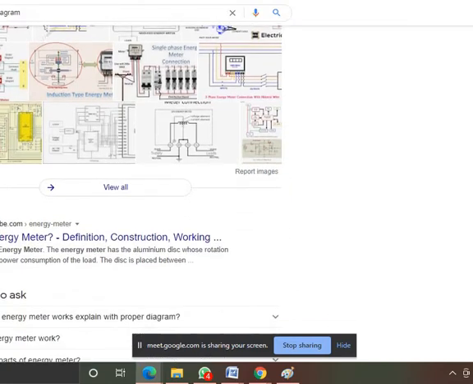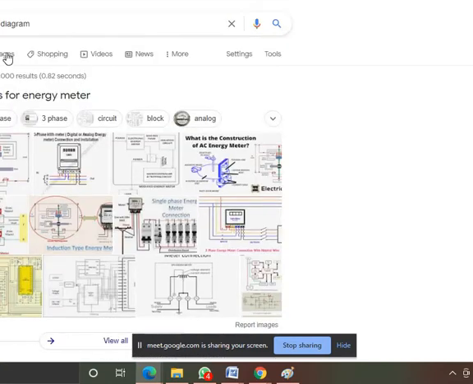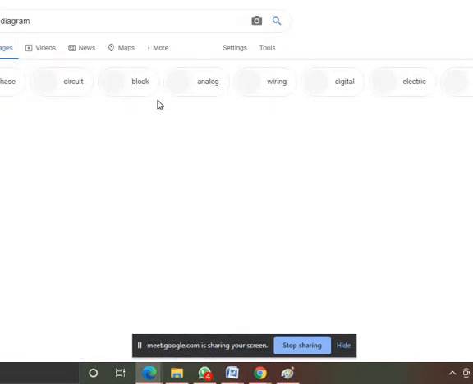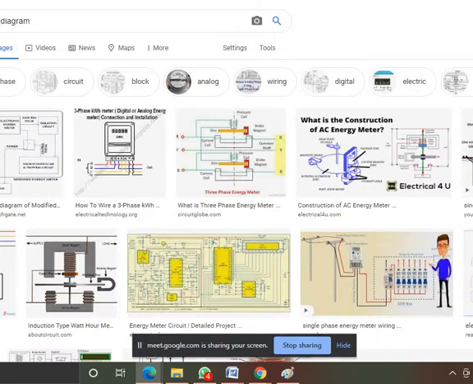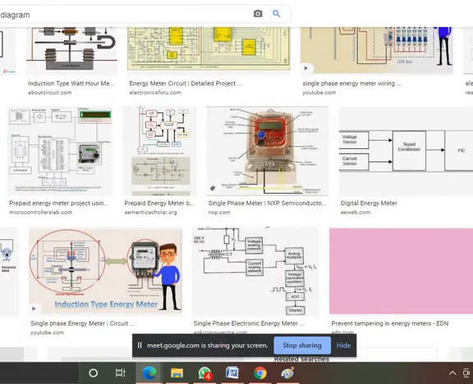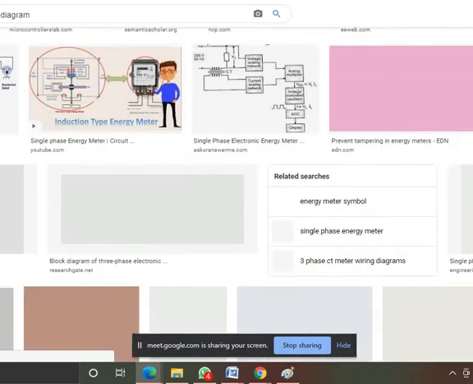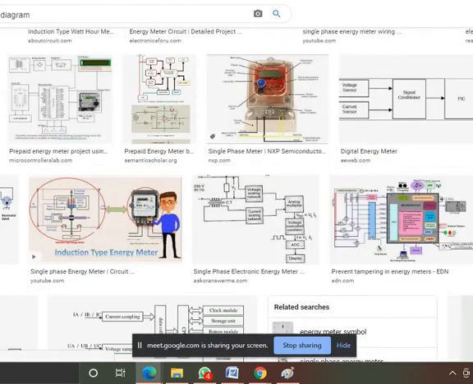Okay, sir, electric meter, sir. Yeah, wait, for the exact diagram, wait.